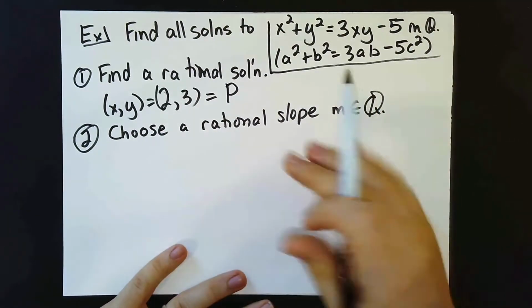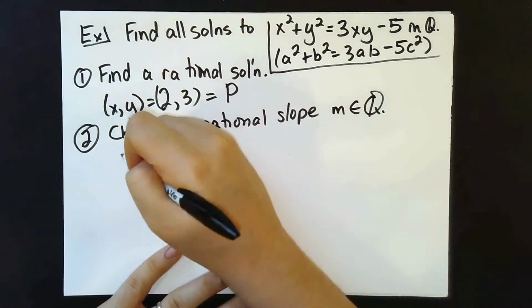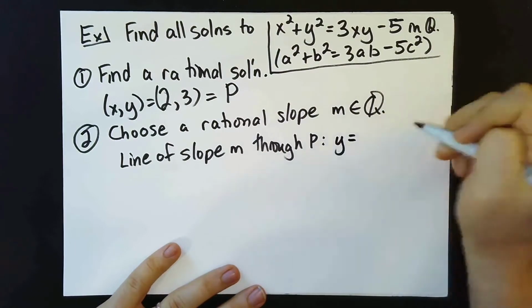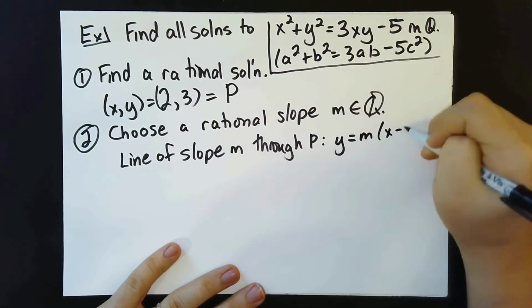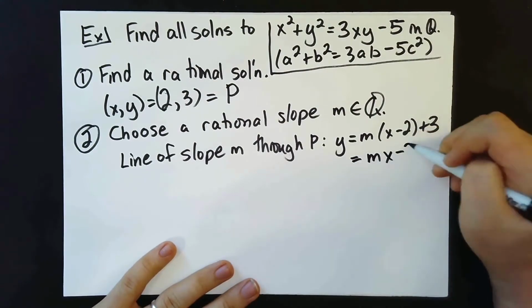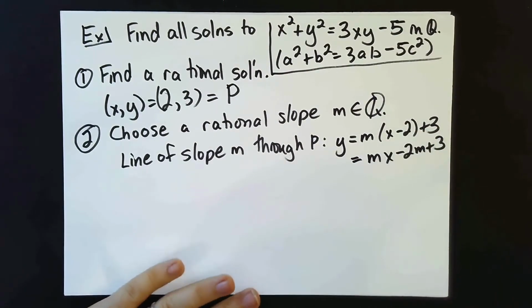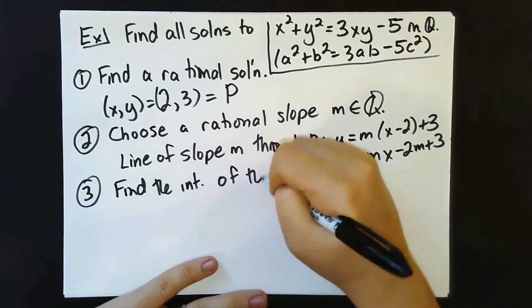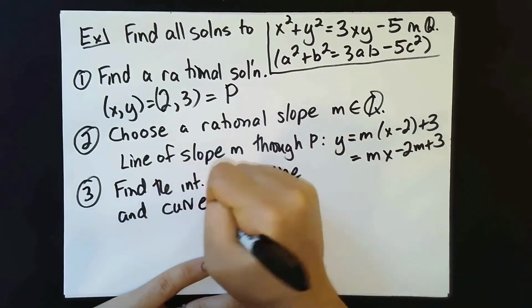So we'll choose this, and then we'll write down the line of slope m through P. And that will be y equals m times (x minus 2) plus 3, or mx minus 2m plus 3, whichever of those you prefer. Then we're going to find the intersection of our line with our curve.